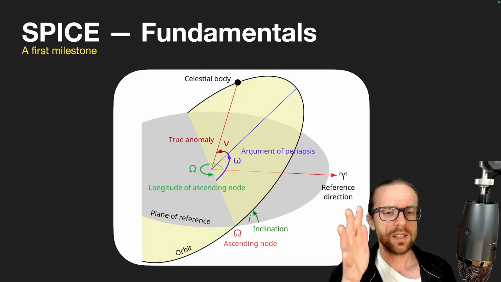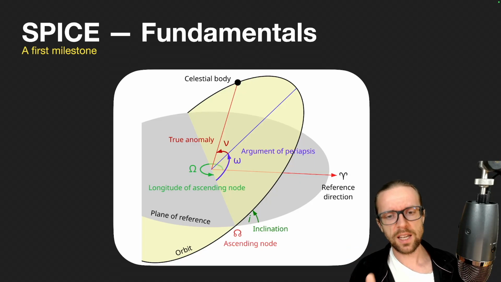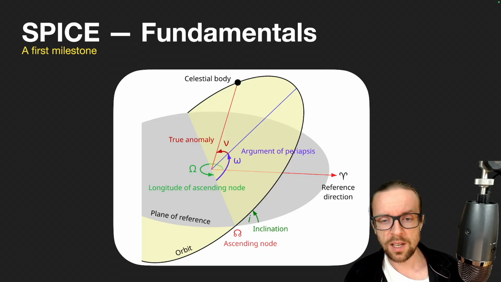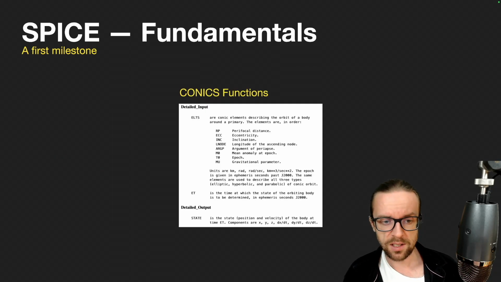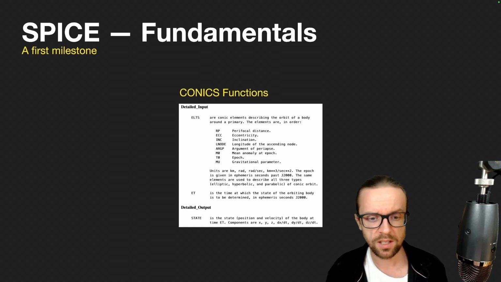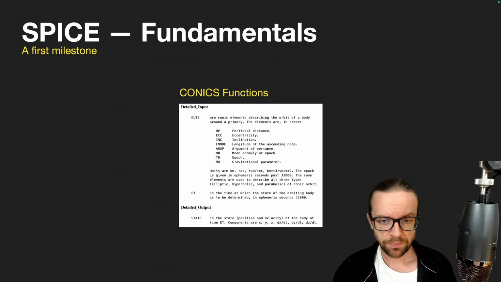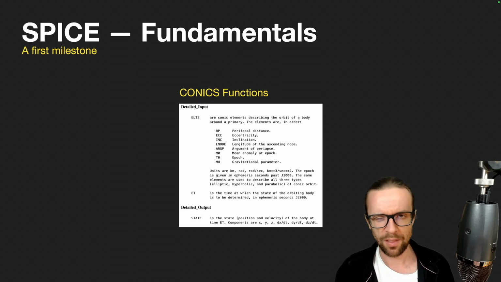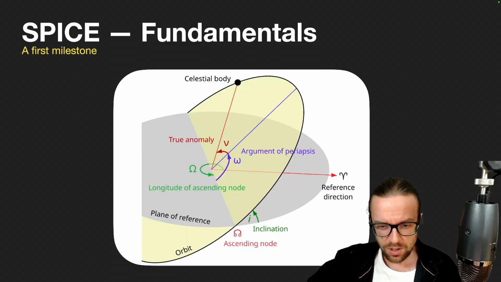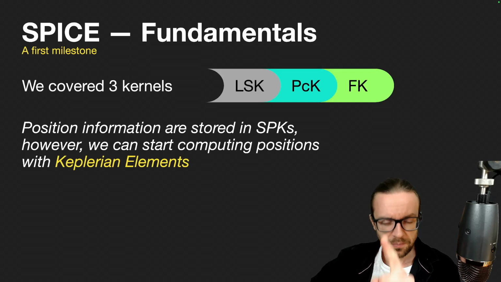More important is that to determine the shape, orientation, and position of a particle along an orbit, for example around the sun, we have all three kernels to work with. There's a function called conics that computes the state, so the XYZ coordinates, based on the orbital elements. We can also do it the other way around. For this, we simply need nothing more than a time frame, because time is always the key.